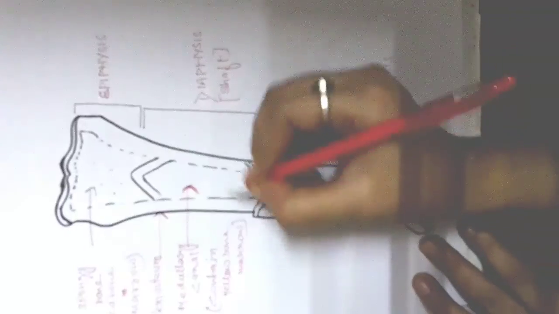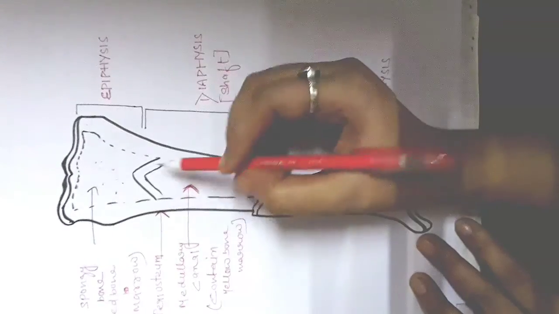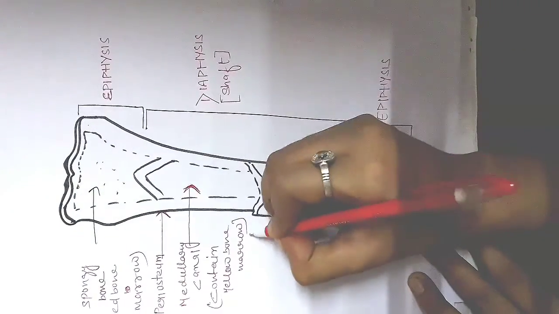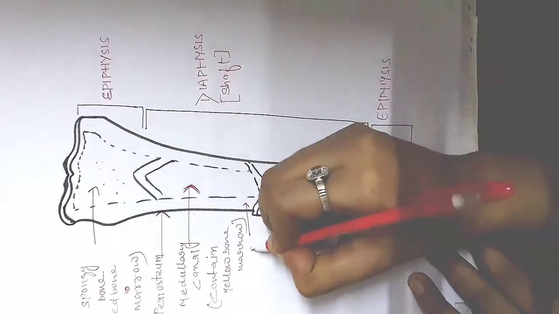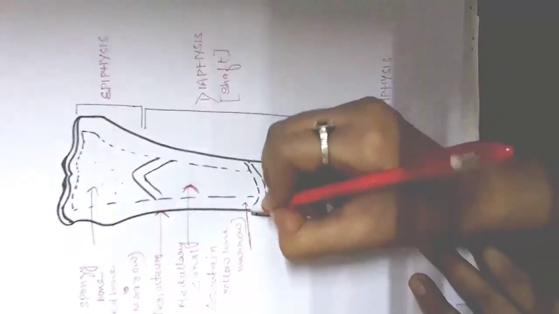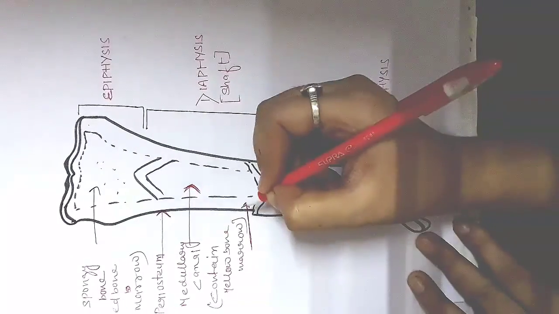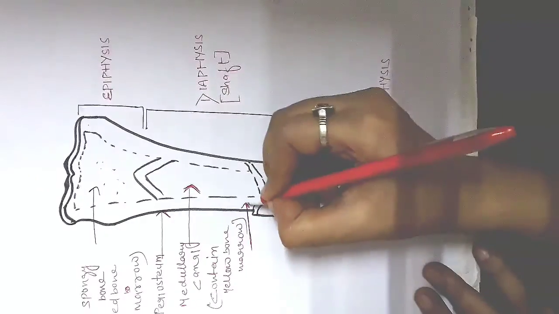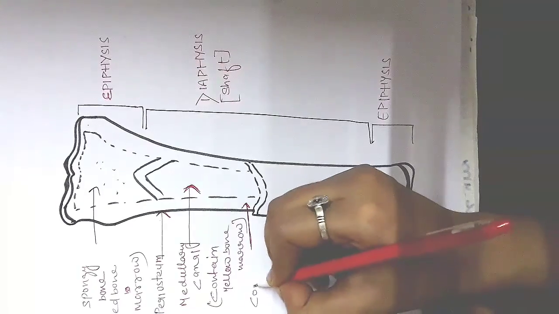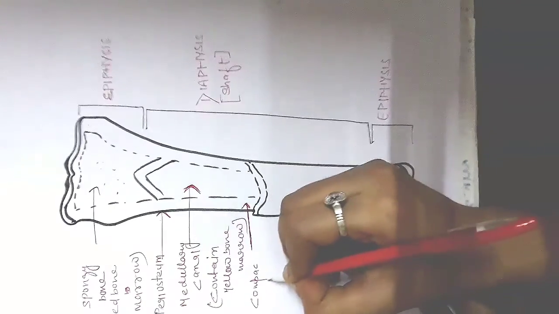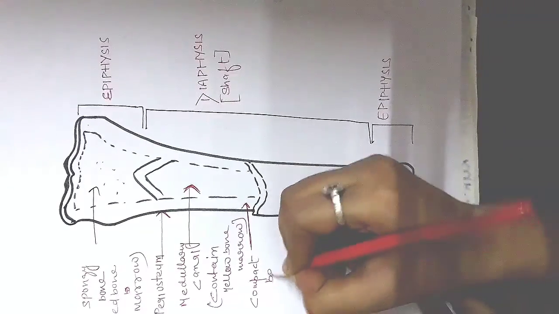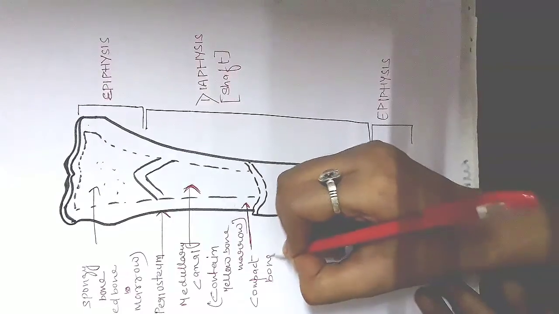Next, in between the periosteum and the medullary canal, there is a space which is known as compact bone, because it is made up of compact bone.